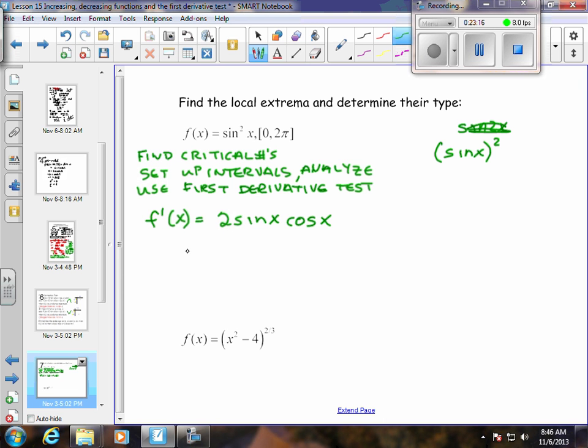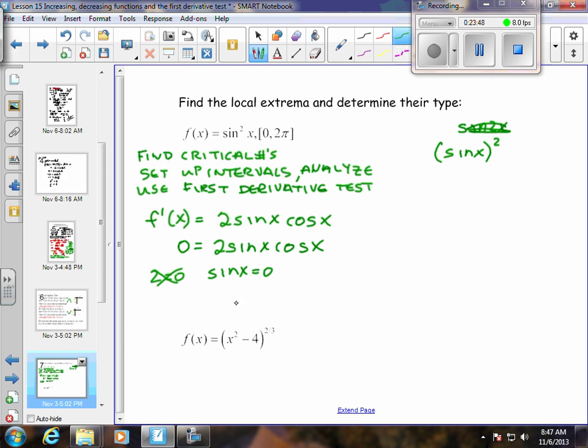Okay. So once we have the derivative, we want to see where it's equal to 0 or where it's undefined. This derivative comes out nicely in factored form. 2 times sine x times cosine x. So I set the factors equal to 0. 2 equals 0 makes no sense. Sine of x equals 0.